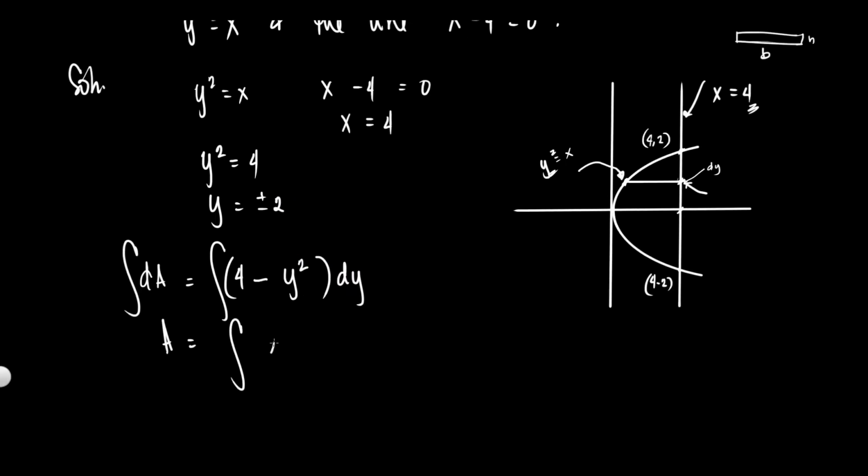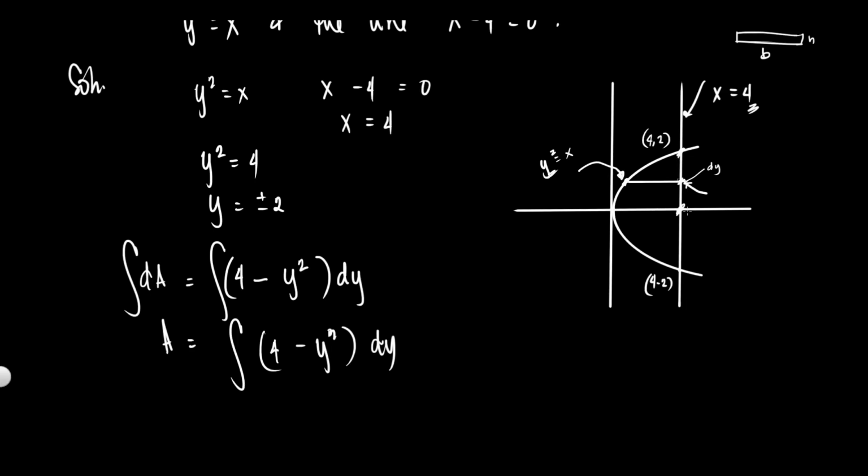Pag in-integrate natin yan, we have A equals integral of 4 minus y squared dy. So, ano limits? Ang limits natin is from this to this. Kalahati lang, no? Parang palakarin natin itong horizontal strip from here to here, pataas.